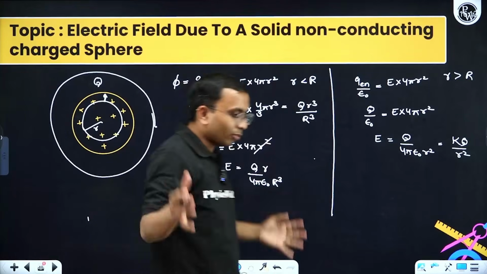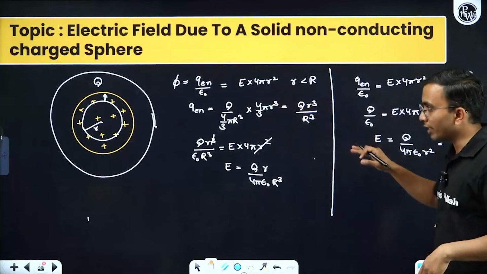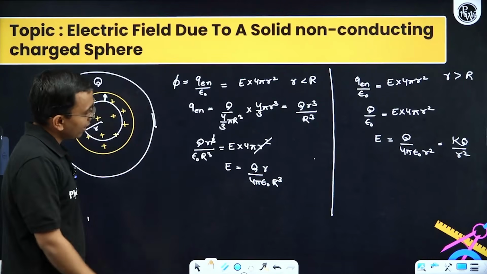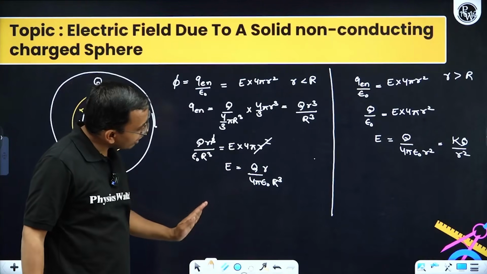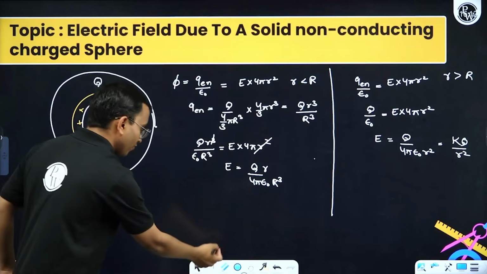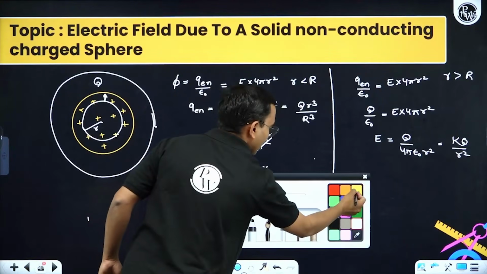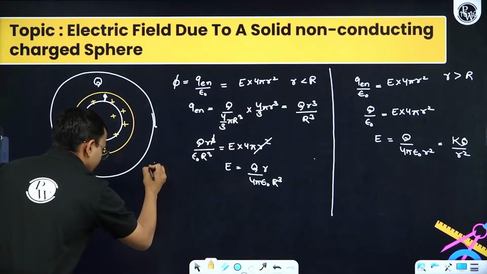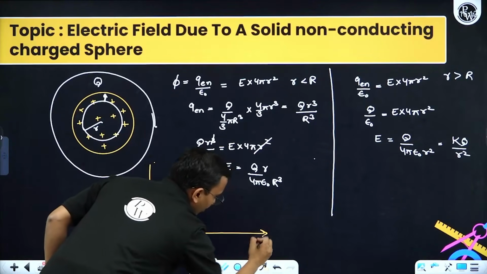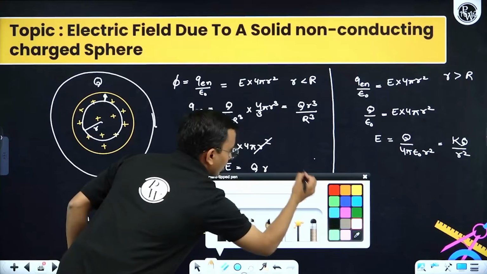So even if a solid uniformly charged sphere is there, at any point if you want to find the electric field outside it, it will behave like a point charge which is kept at the center. Inside it, the electric field is increasing with distance r. Outside it is decreasing. So if I draw the shape, how will it vary?